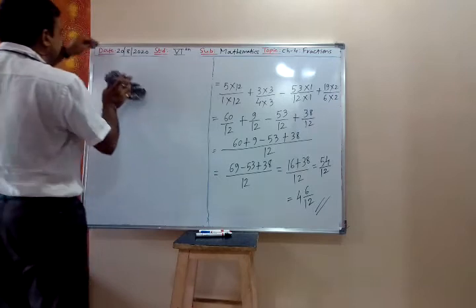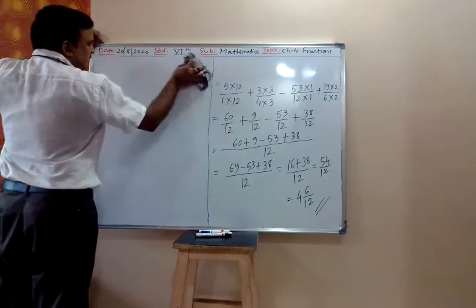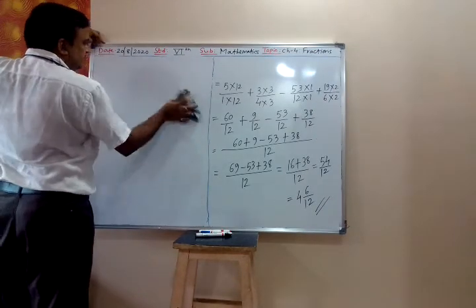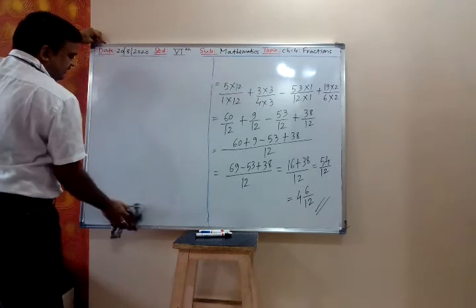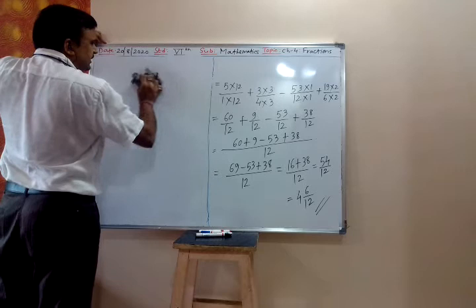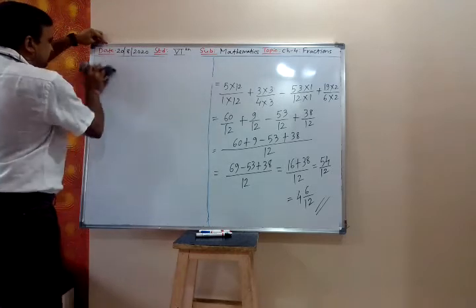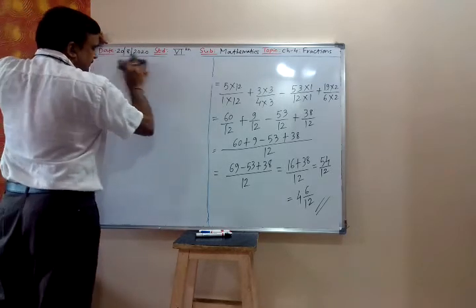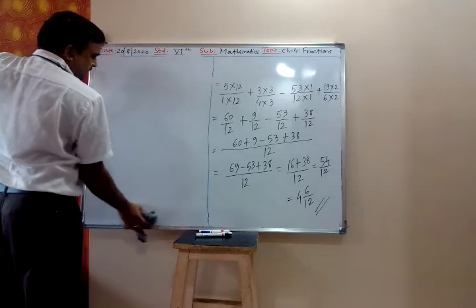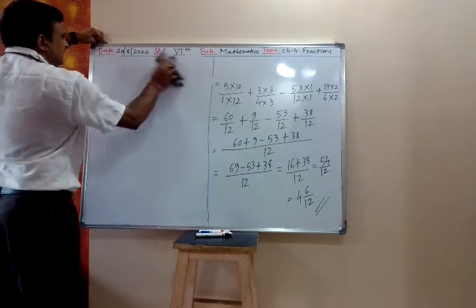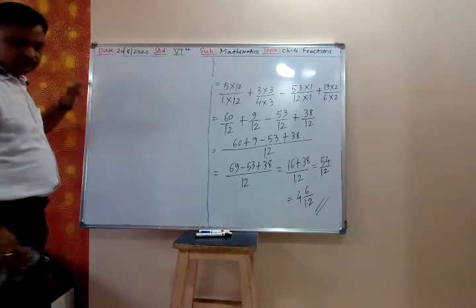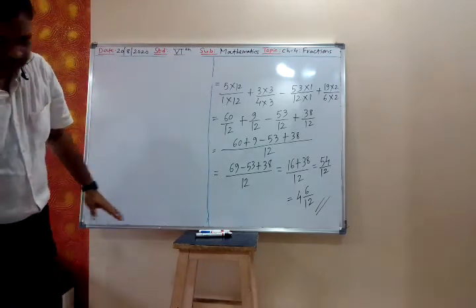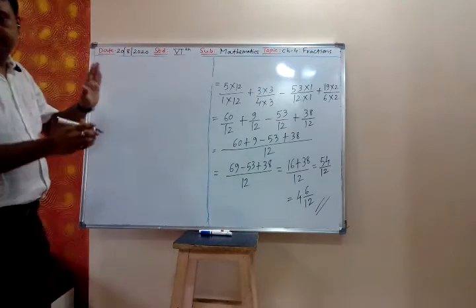You have to take LCM of the denominators. Now those who are in the village, I am asking them whether board is clear for them. Now stop. Mute the microphone.